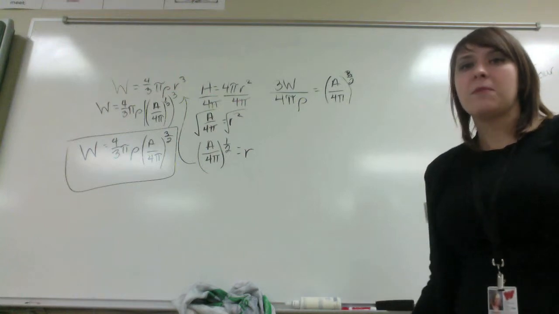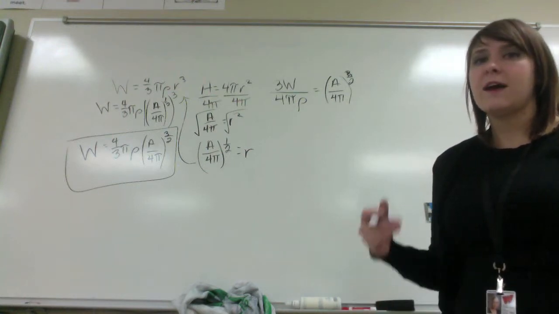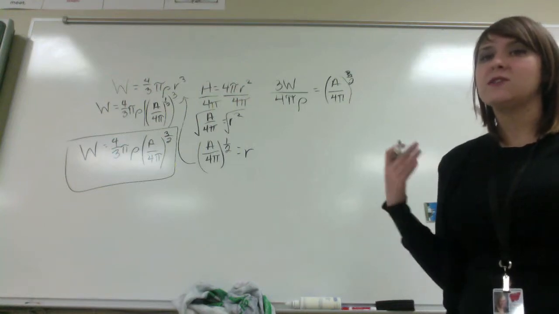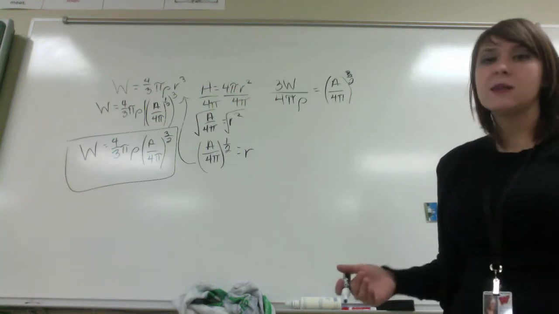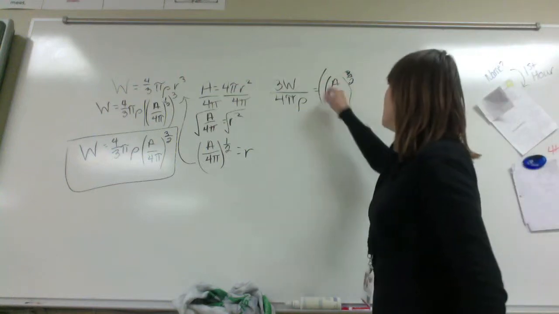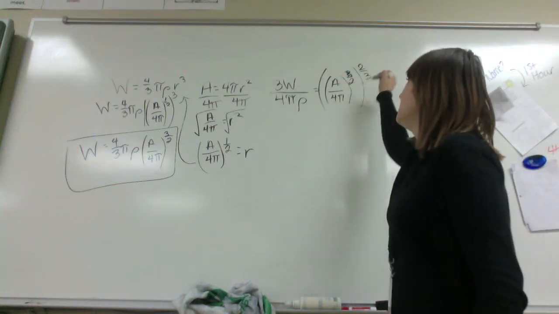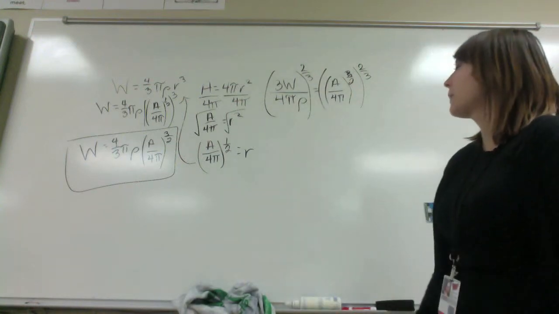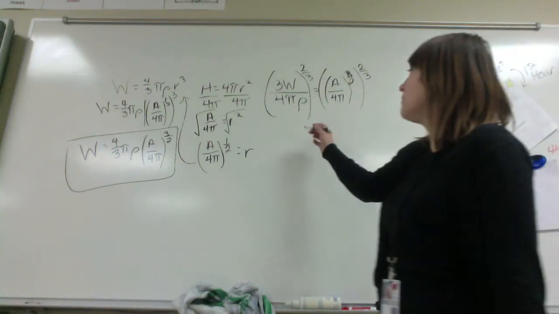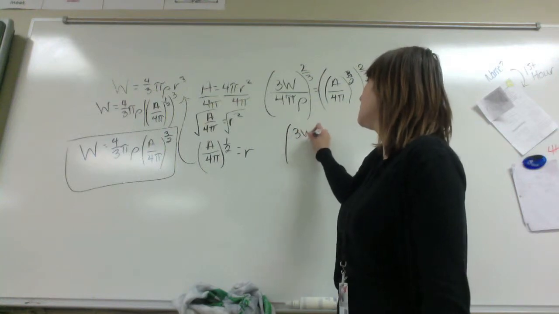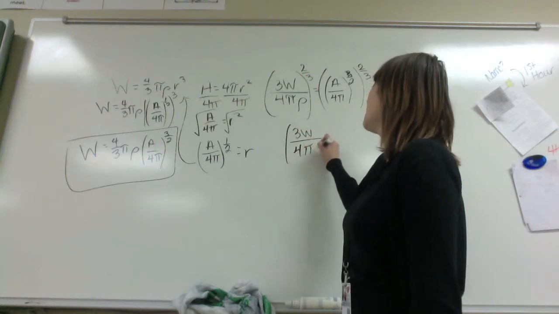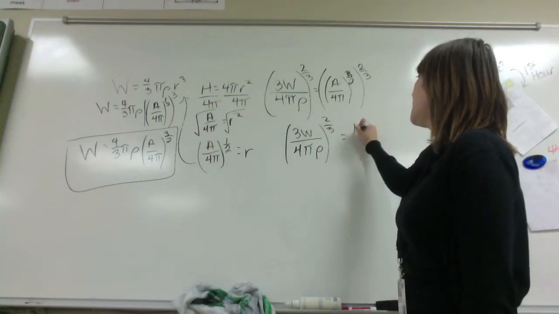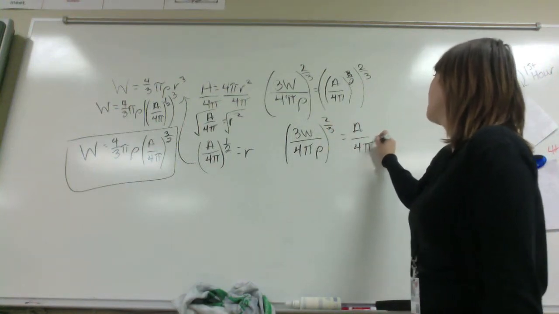Now, I need to get that A by itself. So right now I have A to the 3/2. If I want to get it by itself, I'm going to take it to the reciprocal power. So I'm going to take this whole thing to the 2/3. And if I do that to one side, I have to do it to the other side. Okay? So now I've got 3W over 4 pi rho to the 2/3 equals A over 4 pi.